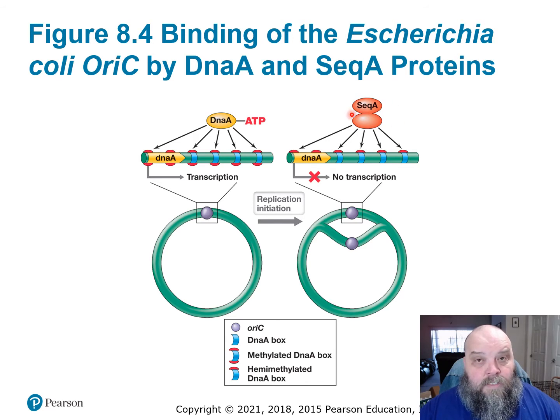Turns out SeqA, I don't know what we're going to call this, we're just going to call this SeqA. No funky names for it. SeqA has a high affinity for this, which means it's going to want to bind here. By binding here, it stops DNA A, so it stops the creation of a new replication bubble.